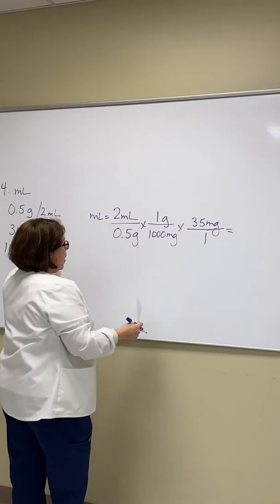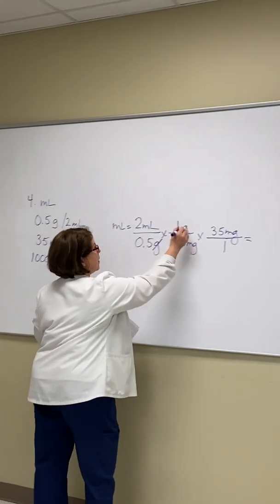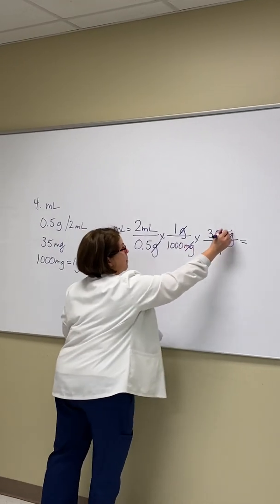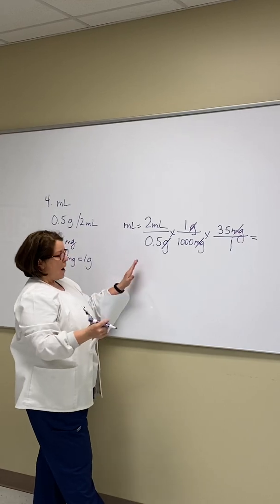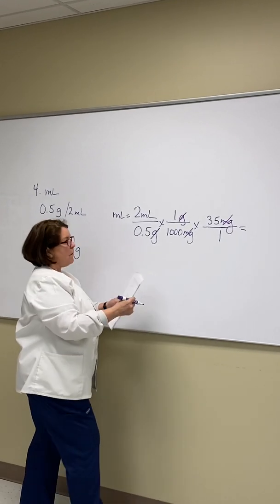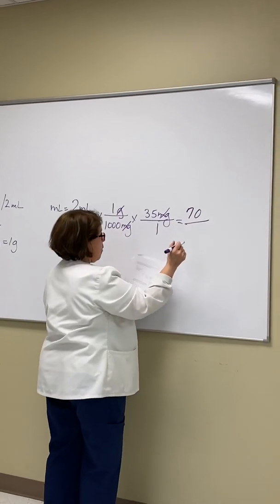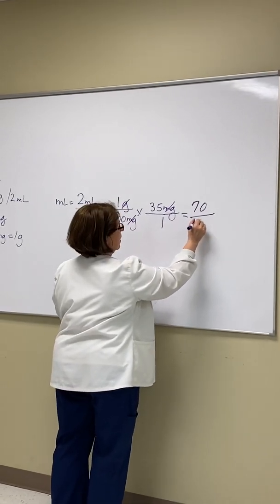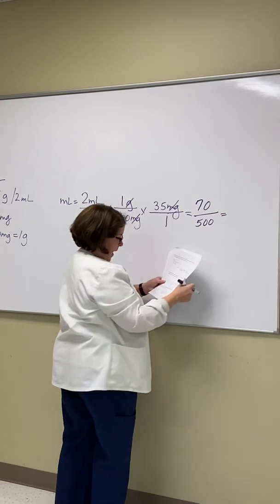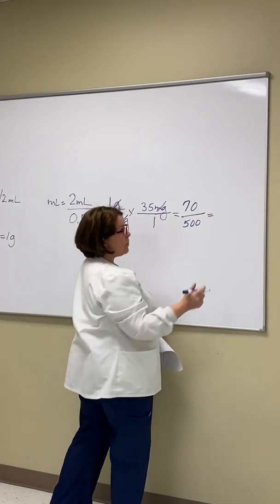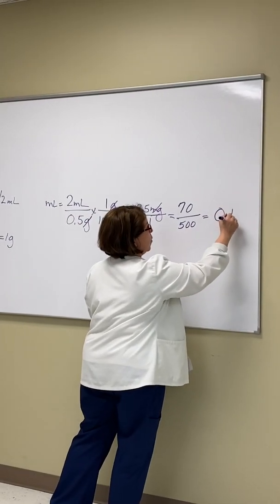Now we want to cross out gram, gram, milligram, milligram. We've set the problem up properly. So now we've got, I think it comes out to 70 over 500, and that comes to a roundable answer, 0.14.